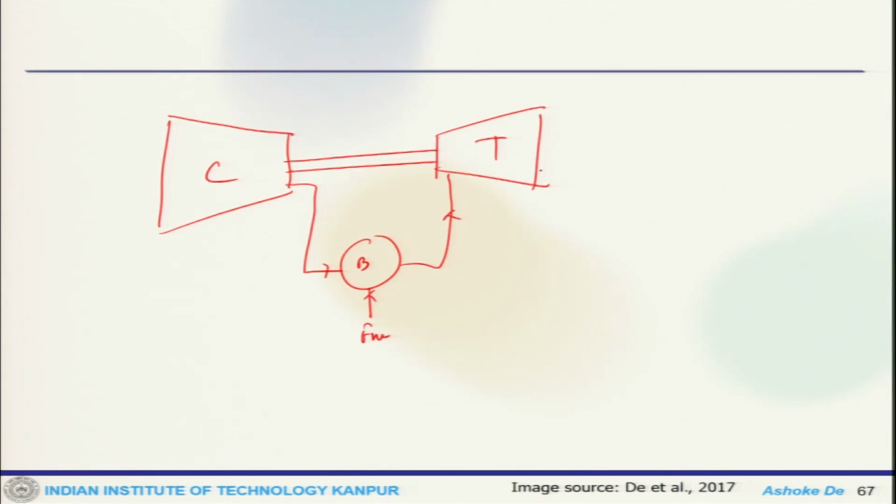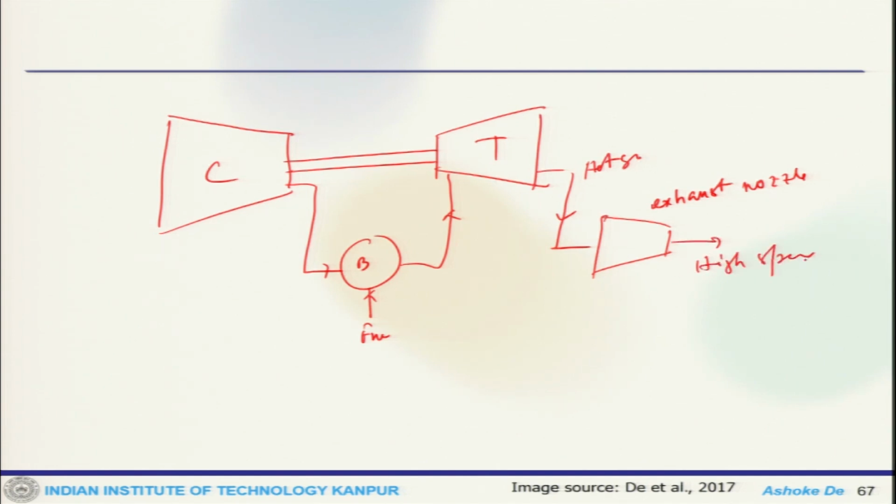This is your burner, and this comes and goes through some exhaust nozzle. This is the hot gas. So then finally, we get high speed exhaust gas. This is a schematic of a turbojet system.